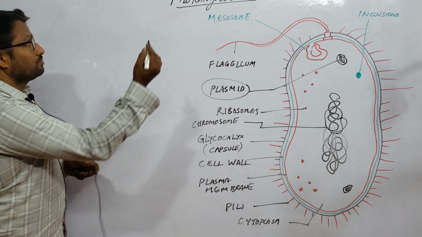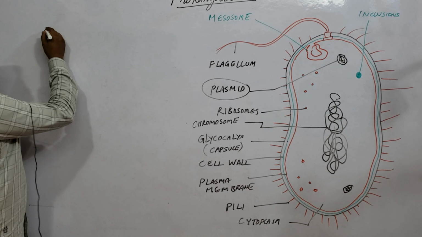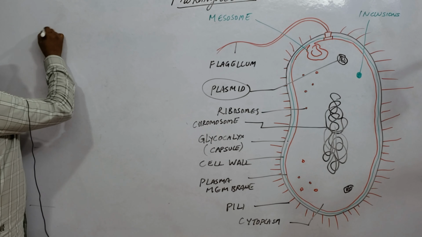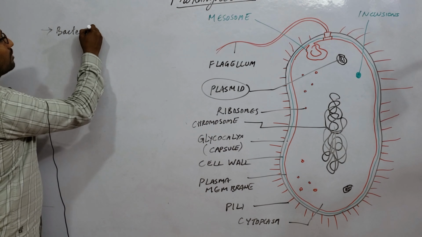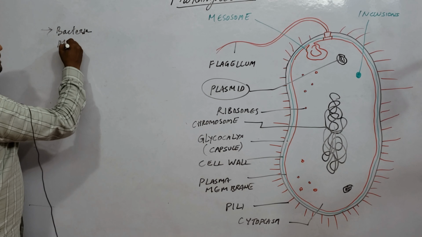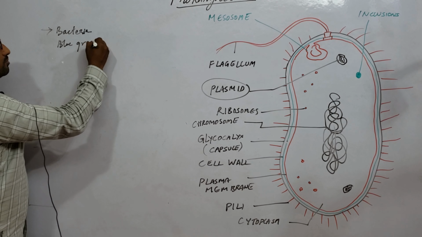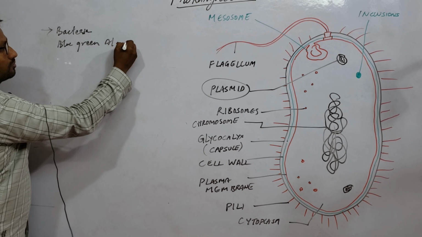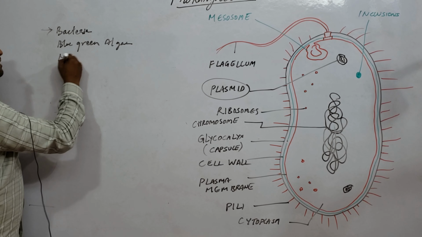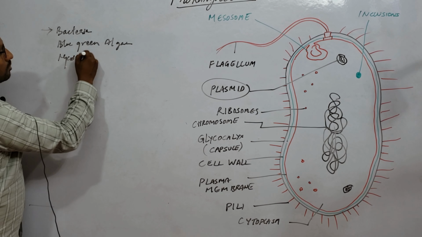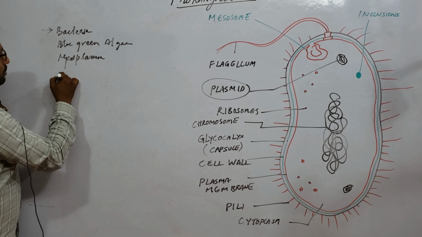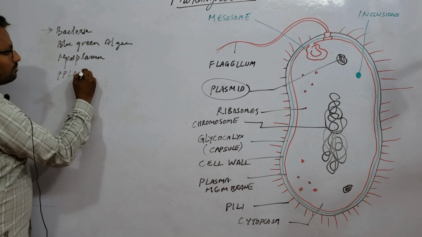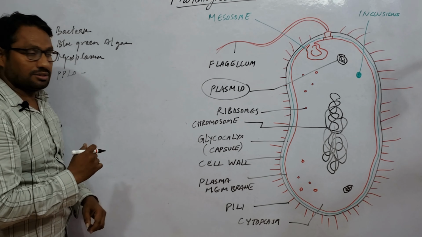Prokaryotes are represented by bacteria, blue green algae, mycoplasma and PPLO, which are pleuropneumonia like organisms.